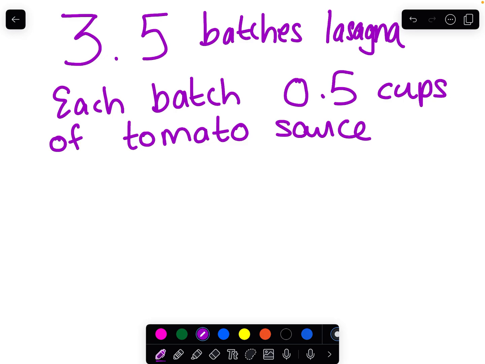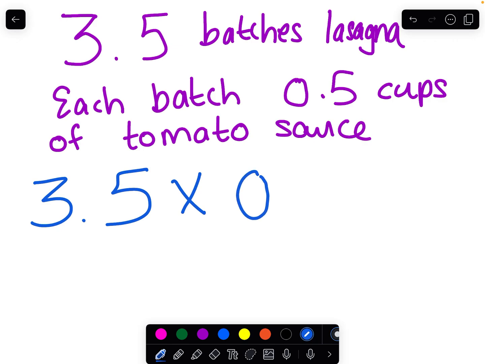So the first thing I need to do is say, okay, what is my equation? Well, my equation is going to be 3.5 batches times, and we're trying to figure out how many total cups of tomato sauce I need to make my 3.5 batches of lasagna, with each batch requiring 0.5 or half a cup.